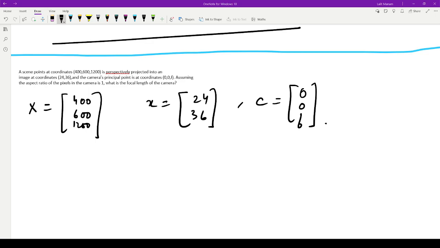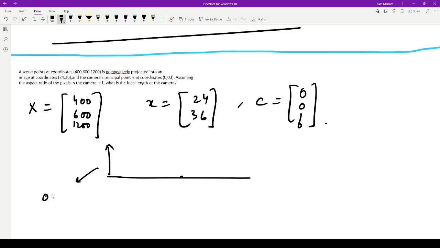Okay, so maybe I'll just explain it in a brief manner. What perspective projection means is you have a center of projection, right? So this is some center of projection, and you have an object out here.